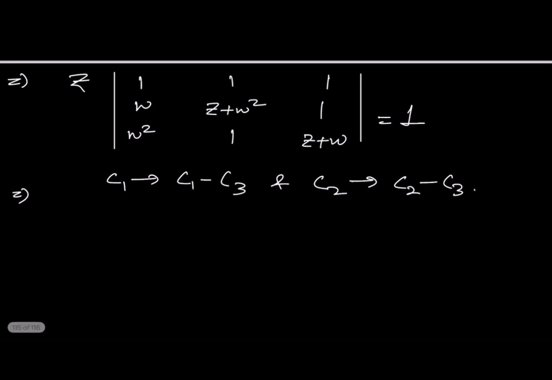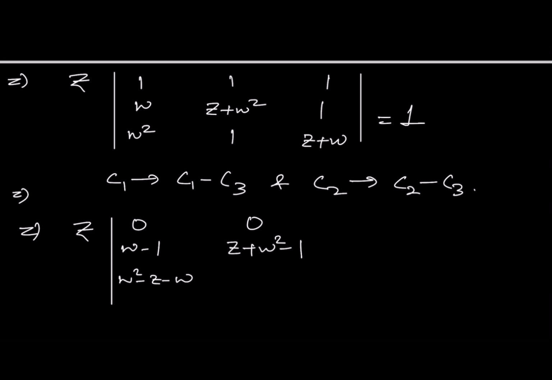So then it will become z times the determinant with rows 0, 0, 1; omega minus 1, omega square minus z minus omega, 1; omega square minus 1, 1 minus z minus omega, z plus omega is equal to 1.